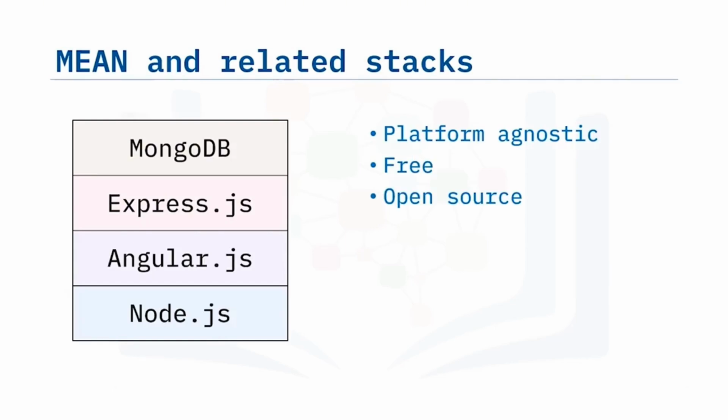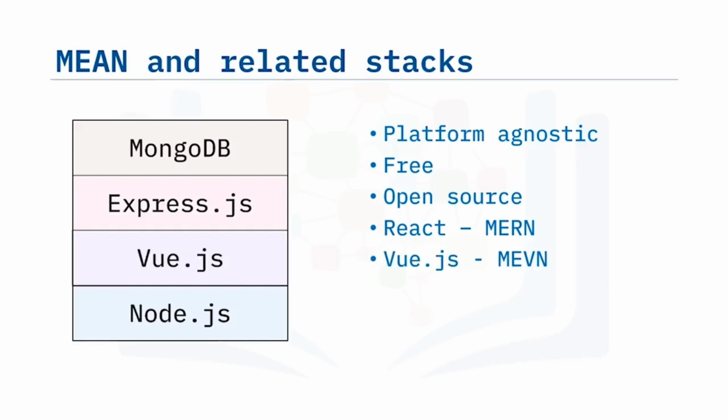And there are other stacks related to the Mean stack, including the MERN stack, which replaces AngularJS with React and is a flexible and high-performing framework for developing front ends, and the MEVN stack, which replaces AngularJS with Vue.js. Vue is a lighter-weight JavaScript framework with less capabilities, but it can provide better performance than AngularJS.